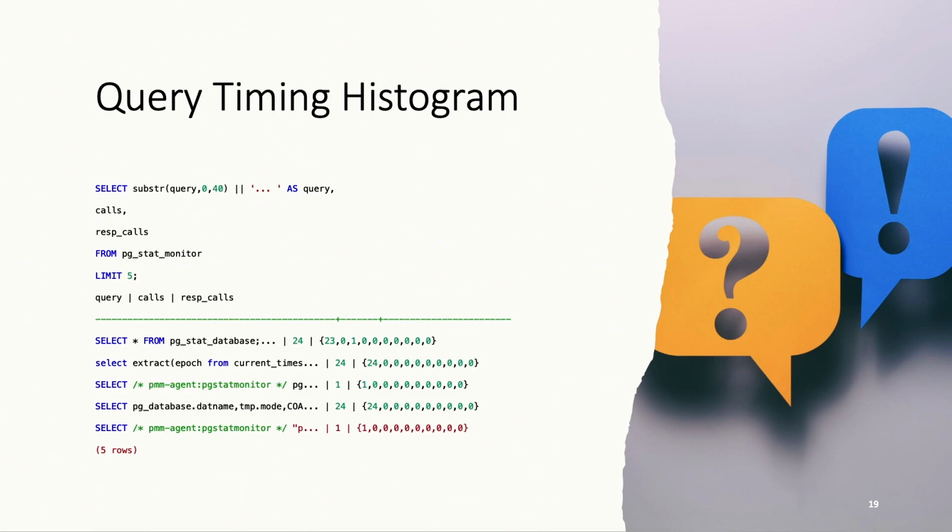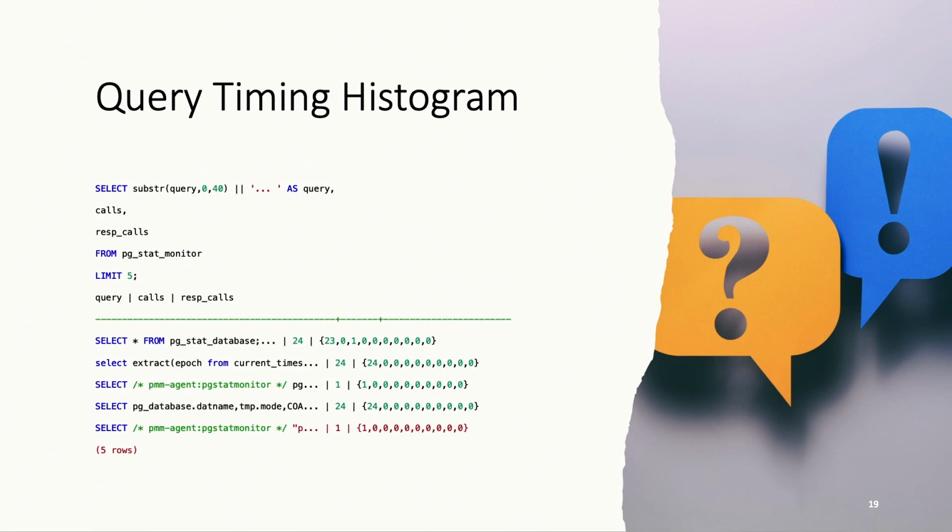The histogram shows this query runs 23 times in 1 millisecond, the 2 millisecond bucket has none, and the 3 millisecond bucket has one. The last one is greater than 10 millisecond, all those values go here. If it takes less than 1 millisecond, all go here: 1 or less goes here, and greater than or equal to 10 goes here.